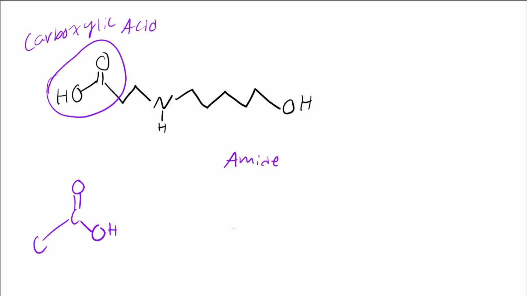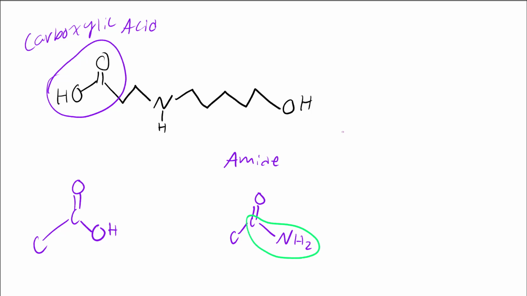It would have a carbon, another carbon connected to an oxygen, and then you would have NH2. Now just notice that this nitrogen is directly connected to that carbon, and that carbon is directly connected to an oxygen, double bonded.